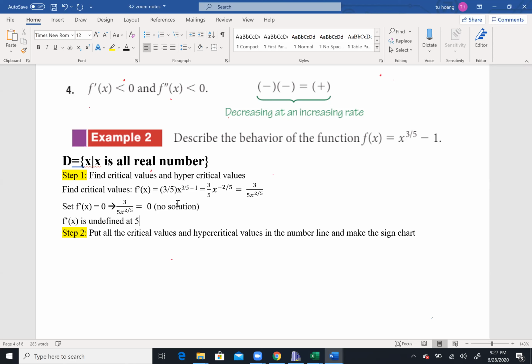Find where x to the power 2/5 equals 0. In this case, x equals 0, and since x equals 0 is still in the domain, x equals 0 is the critical value.